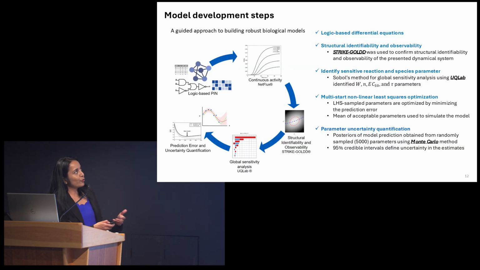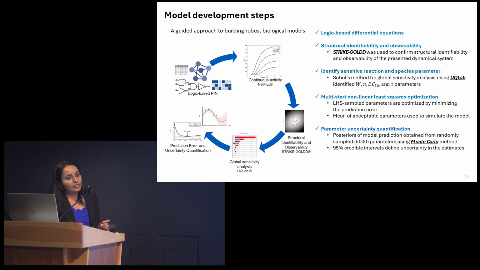And then before we go into results, I just want to briefly go over some of the model development steps that we considered to build a robust biological model. So we first conducted a structural observability analysis of this dynamical system and checked for whether the parameters of the model were identifiable.